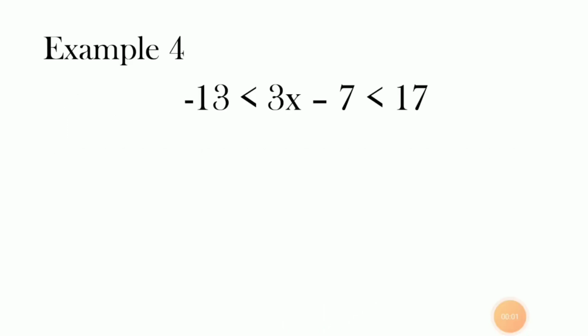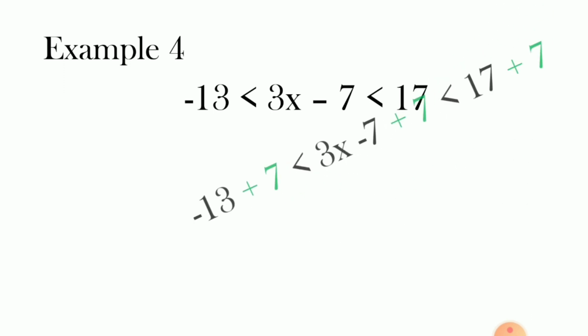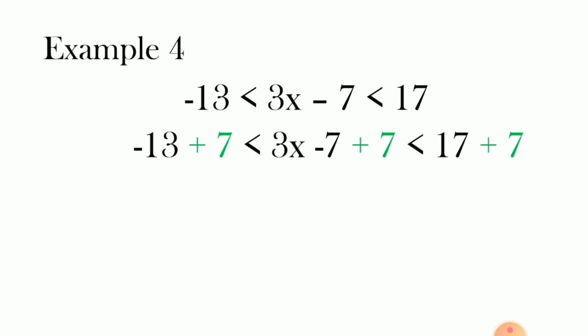And for the last example, we have 3x minus 7 is greater than negative 13 and is less than 17. First, let us add 7 on all the inequalities. So that is now negative 13 plus 7, then 3x minus 7 plus 7, then we have 17 plus 7.